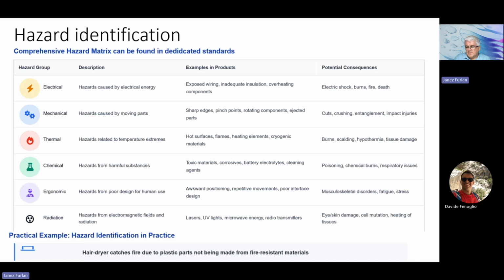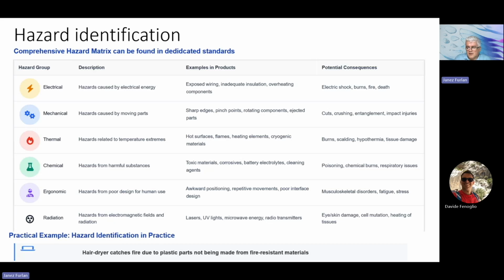So we say that risk assessment actually starts with the product identification, and then, according to its nature, we can start with the identification of the hazards. Typically, products are grouped in hazard groups. The electrical hazard group is associated with electrically powered products. Mechanical hazard groups, wherever there are moving parts, are always relevant.